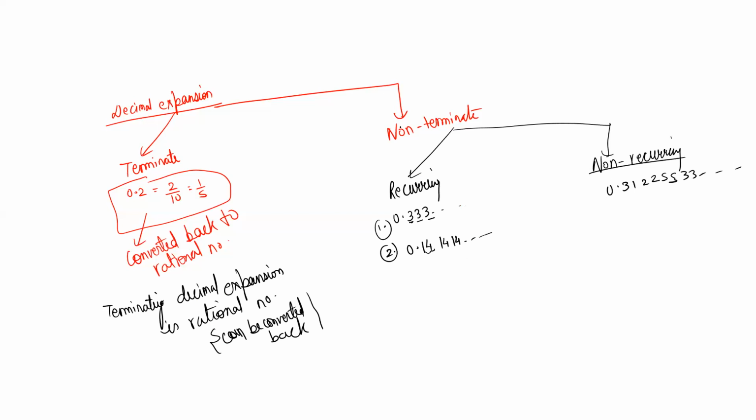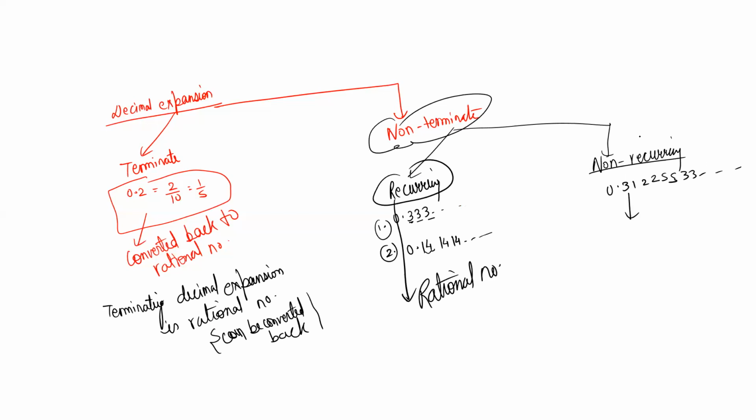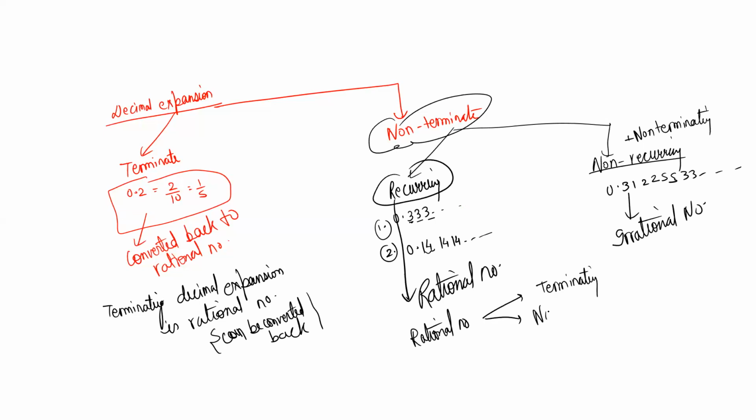So non-terminating but recurring is nothing but a rational number. But non-terminating plus non-recurring is an irrational number. It simply means if I say the decimal expansion of a rational number, then it would be of two types. Either it would be terminating or non-terminating.